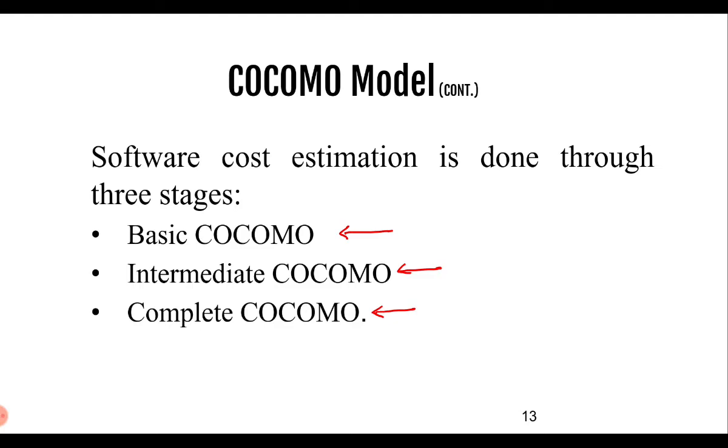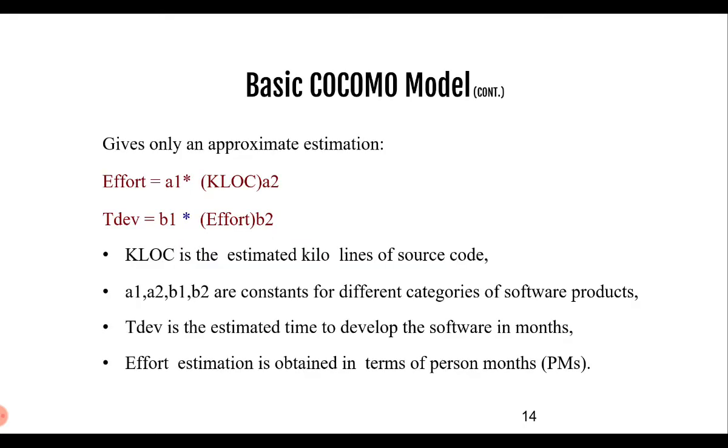However, complete COCOMO is also implemented by various project development teams in order to arrive at a more accurate cost estimation. But the necessary and sufficient condition implies basic and intermediate COCOMO models.